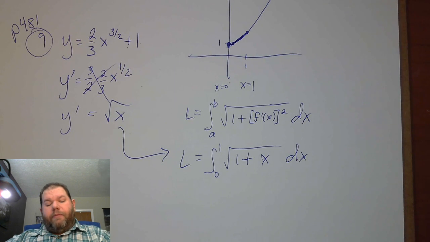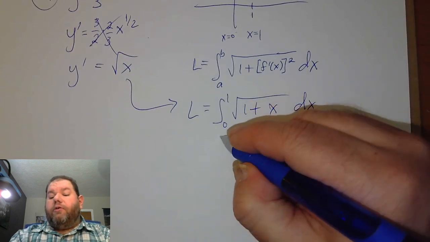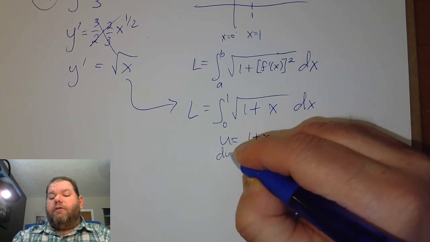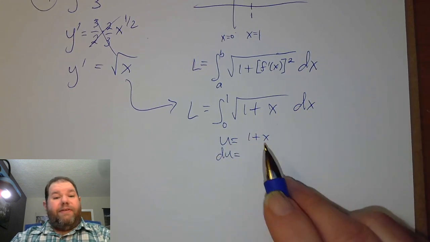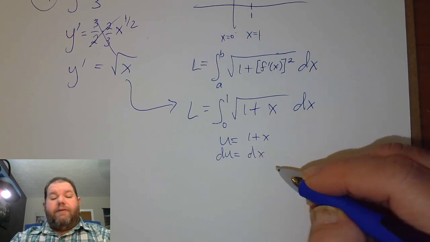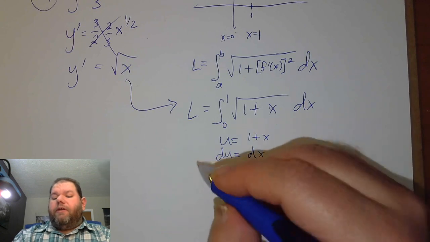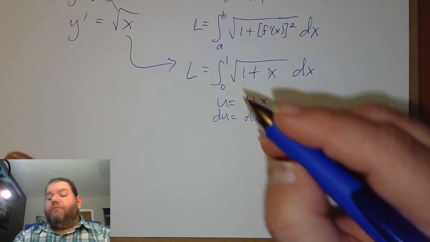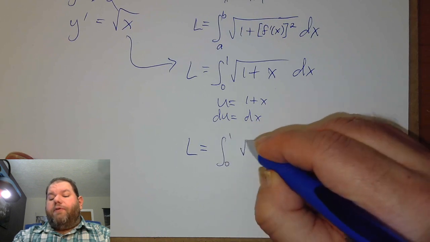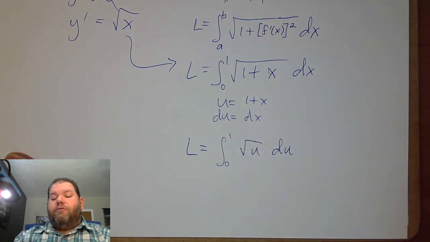Looking at this, it's not too bad. In fact, we could do a u substitution here. We can let u equal 1 plus x, which is great because its derivative is just 1, so du replaces dx straight up, and then L is the integral of the square root of u du.